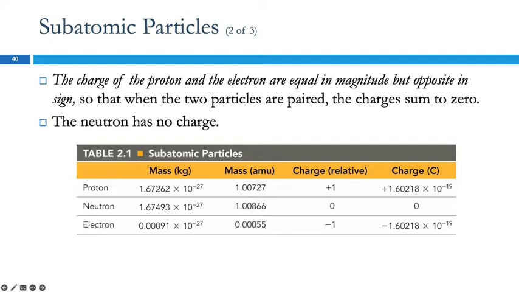The neutron has no charge. It's 0, right? And then in terms of masses, we can use atomic mass units, and we don't really need that much detail. This is approximately 1 atomic mass unit, and this is approximately 1 atomic mass unit, and this is approximately nothing, right?